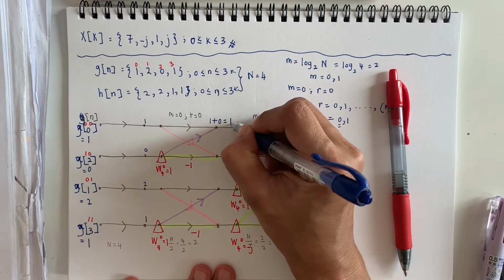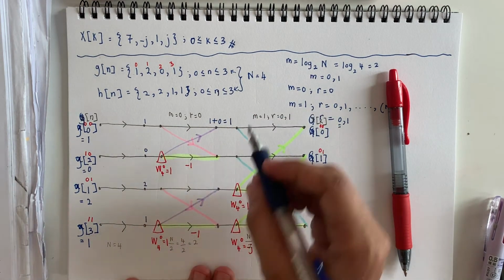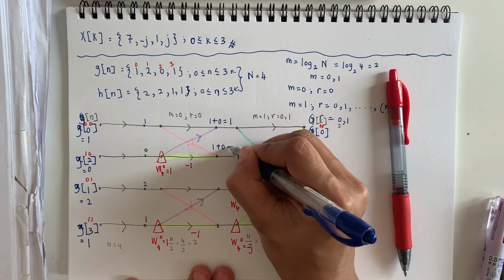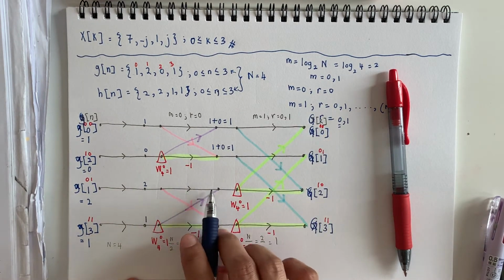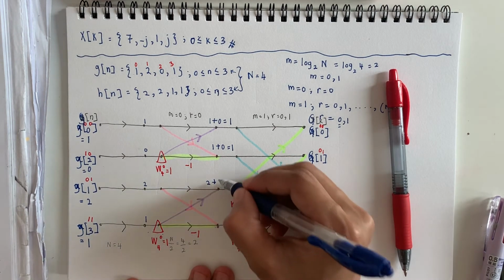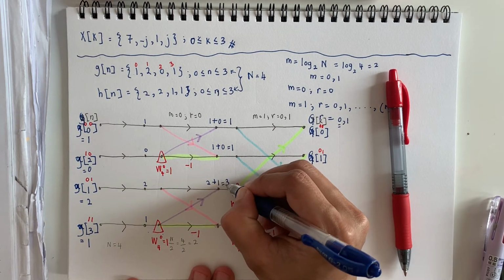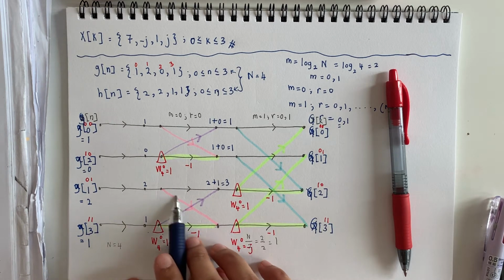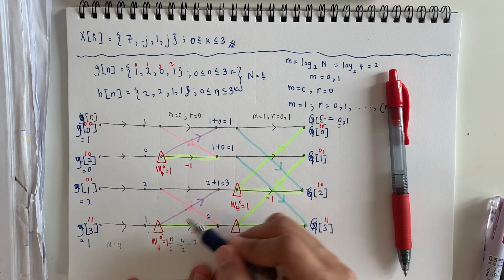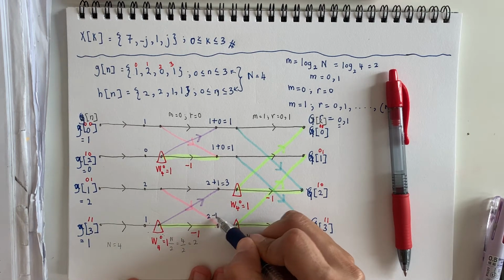So it is 1. Then 1 times 1, 1 plus 0, which is 1. Then 2 times 1, 2 plus 1 times 1, which is 3. And then we have 2. Then 1 times minus 1 is minus 1.